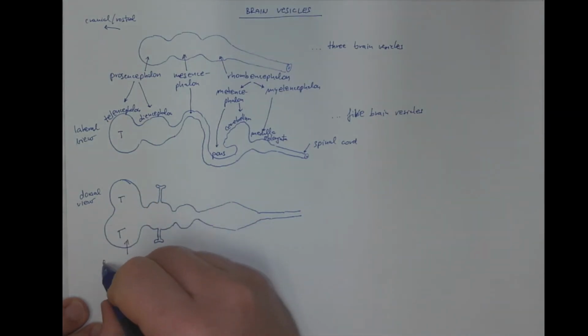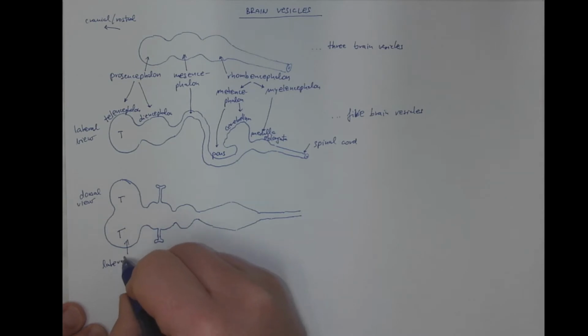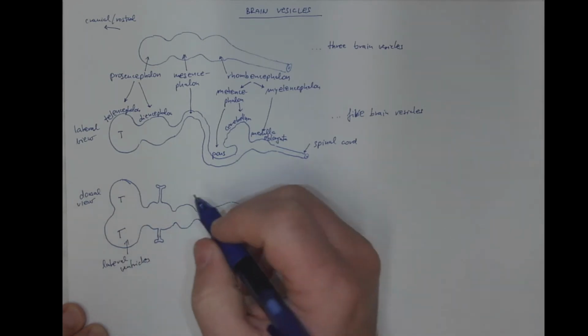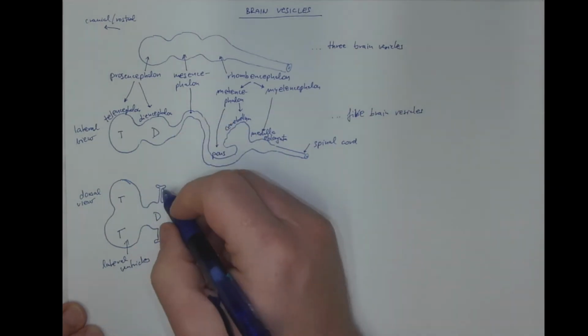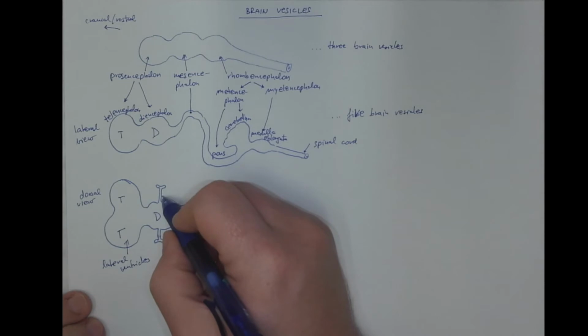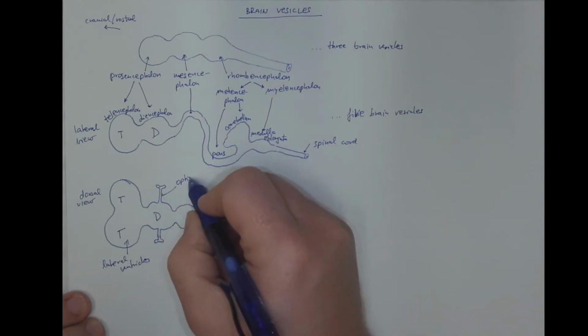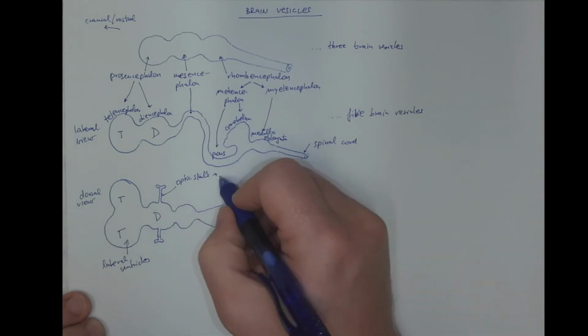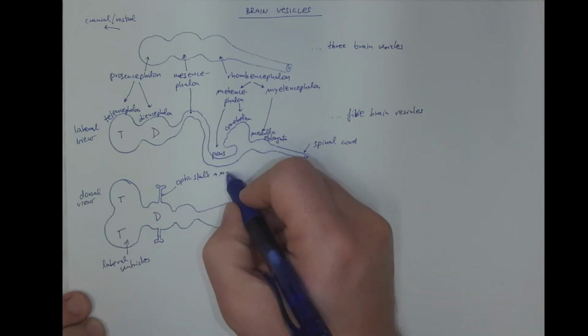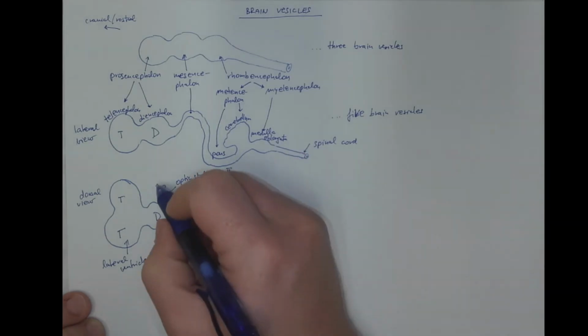So if we correlate these two views, this is the telencephalon with two hemispheres. Inside we have the lateral ventricles. This is the diencephalon here with the optic stalk that will become the second cranial nerve, the optic nerve.